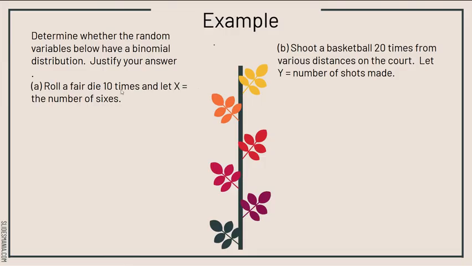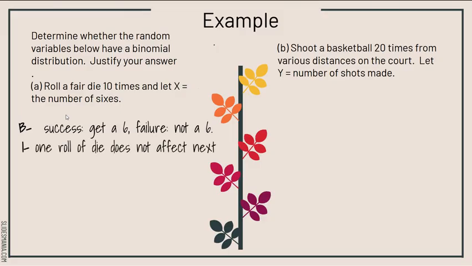So here's our example. Roll a fair die 10 times and let X be the number of sixes. So we need to check our BINS. B, success. What is success? Well, it says getting a 6. Failure means not a 6. I stands for independence.